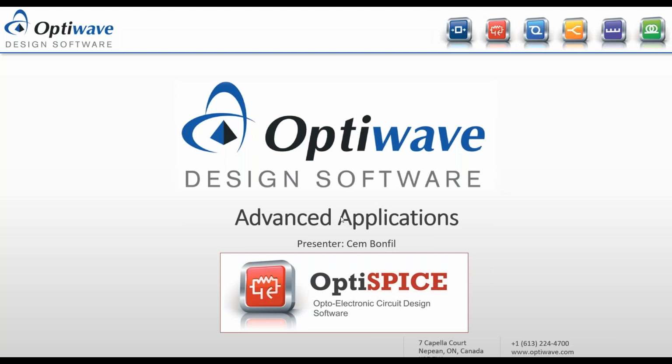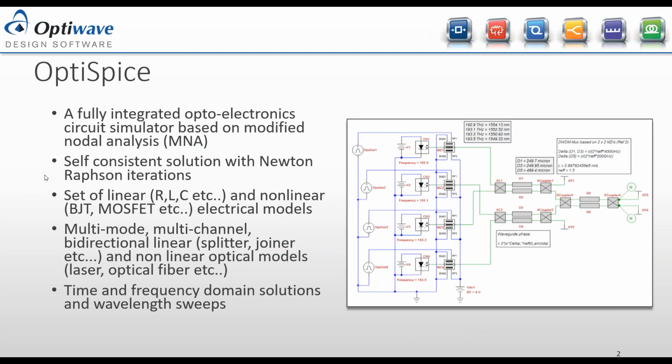But first, let me briefly give you a small overview of OptiSPICE for the ones who have missed our previous presentations. So OptiSPICE is based on well-known Berkeley SPICE, which is a standard tool in the industry for simulating electrical circuits. The way it works is it takes basic components such as resistors, capacitors, and inductors, which have their own simple compact models, or it can take nonlinear, more complicated components like BJTs and MOSFETs.